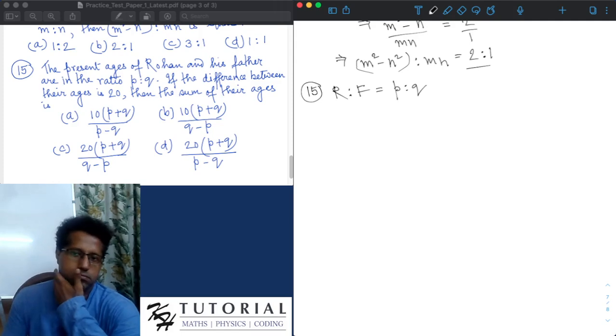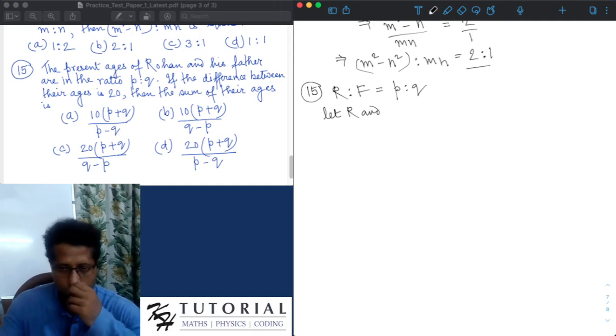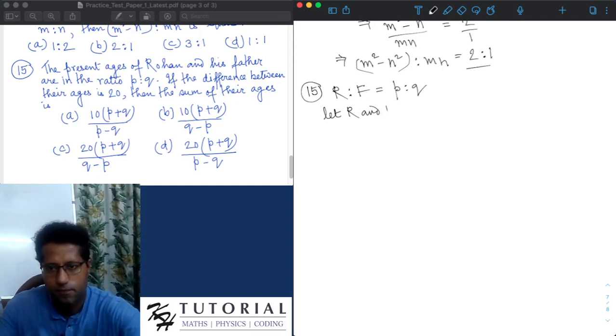Now, let R and F denote the present ages of Rohan and his father, and let R and F be Px and Qx respectively.